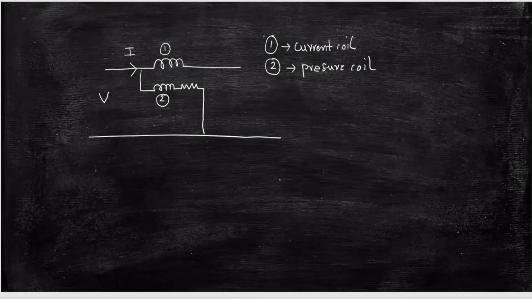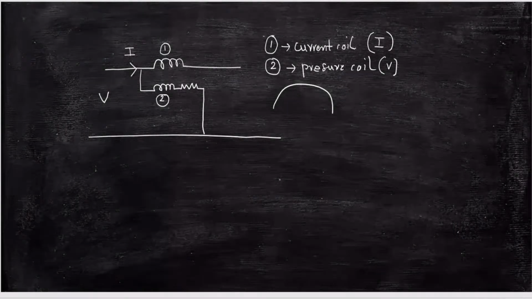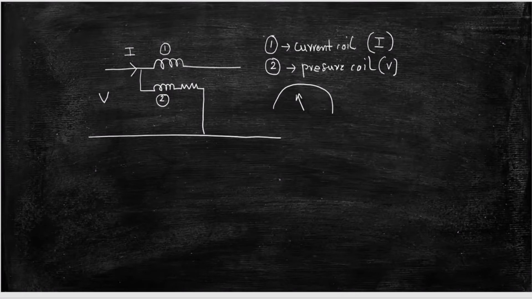The current coil will hold the current, and the pressure coil will hold the voltage. And finally, the deflection in the pointer is the product of these 2, the voltmeter and ammeter readings.